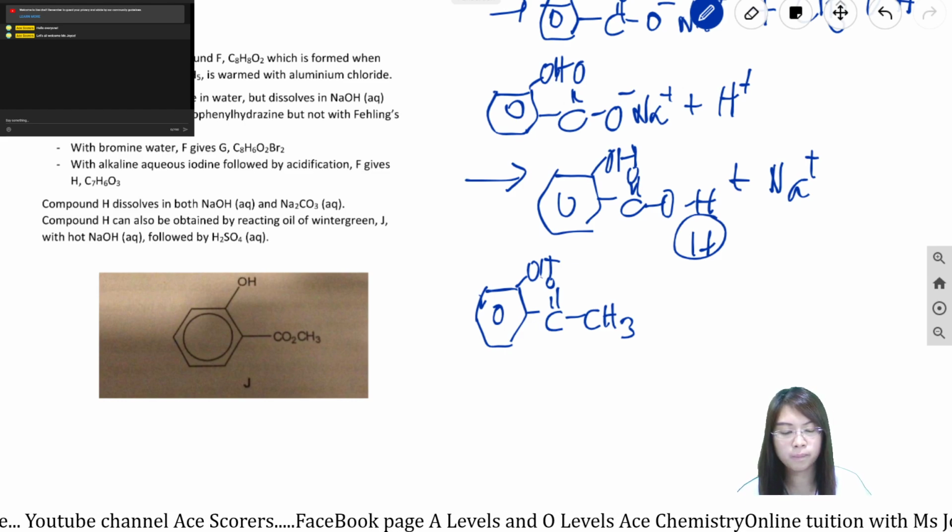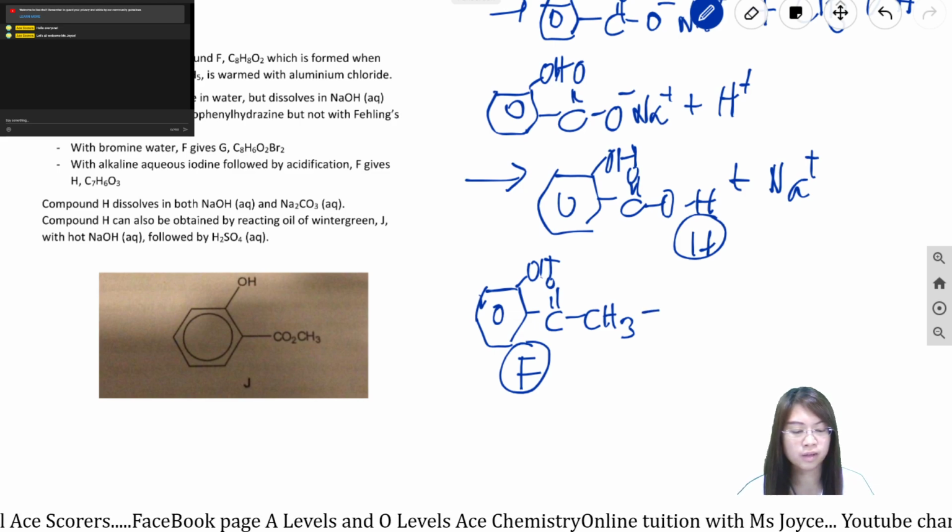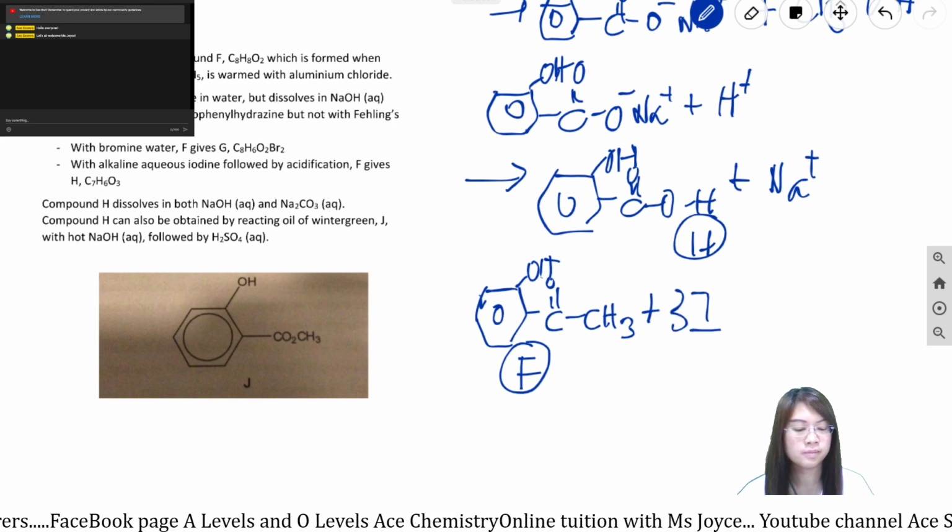So this is the compound F. How do I know that? So let me write out the whole equation first.